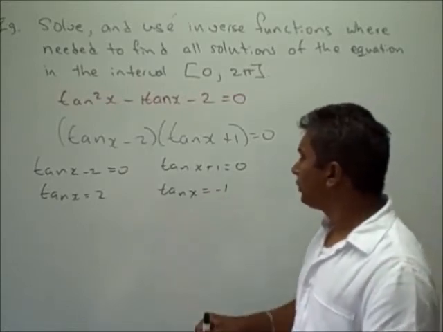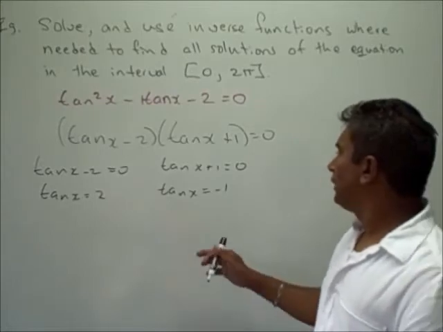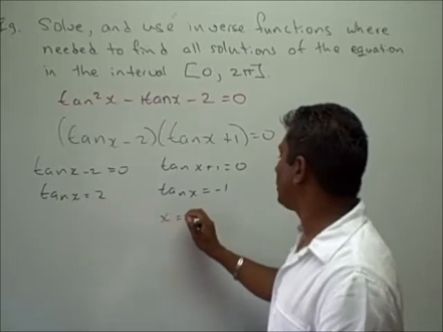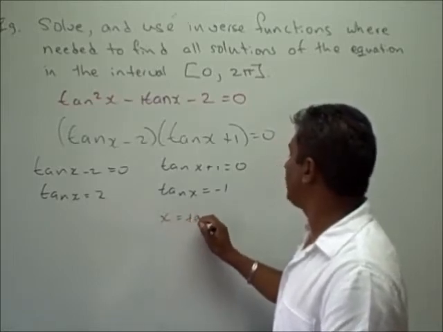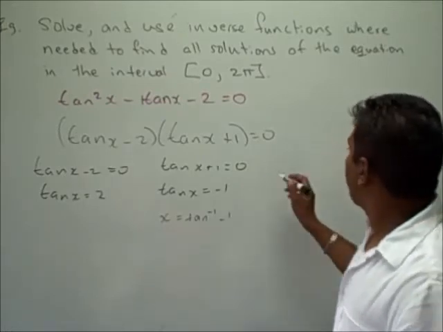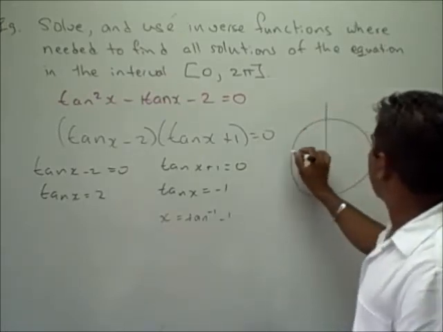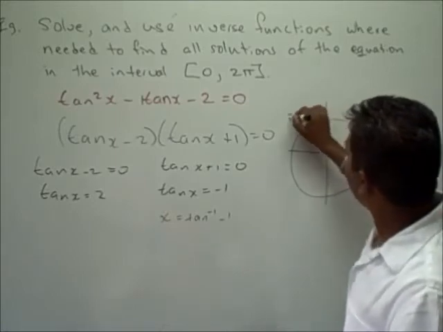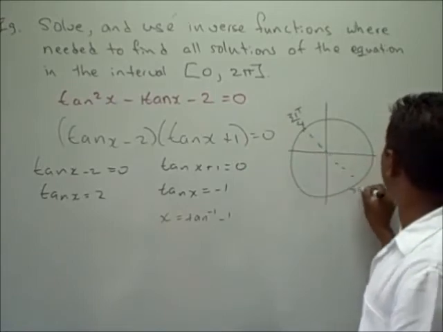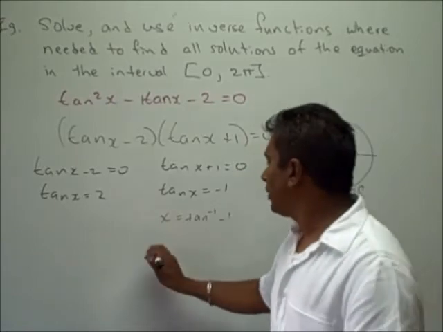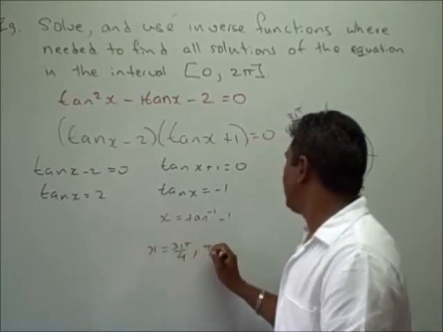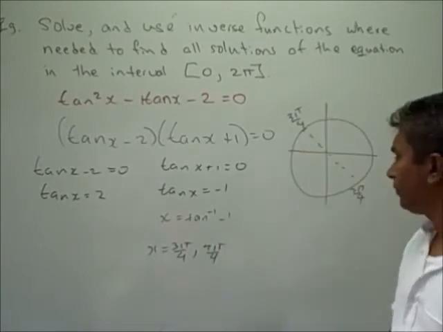We know from our unit circle that where tan x is equal to negative 1, the arctan of negative 1 would be 3 pi over 4. So going back to our unit circle, we have 3 pi over 4. This is where tan is equal to negative 1, and also 7 pi over 4. So our x solution here would be 3 pi over 4 and 7 pi over 4.